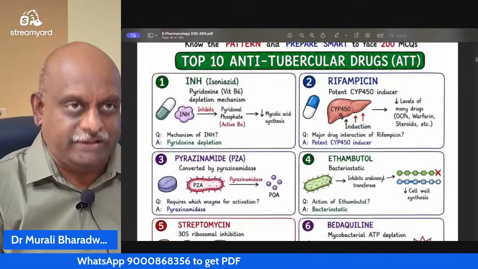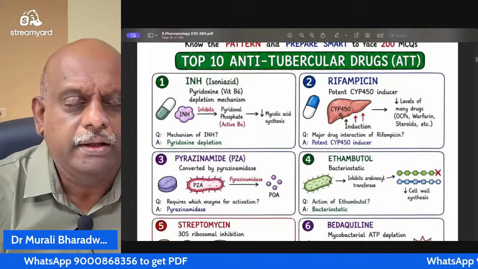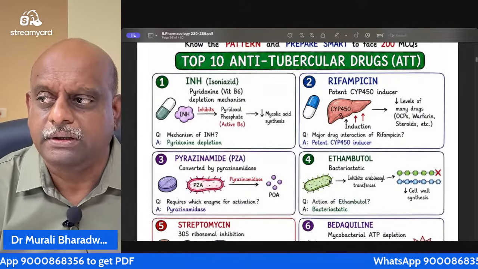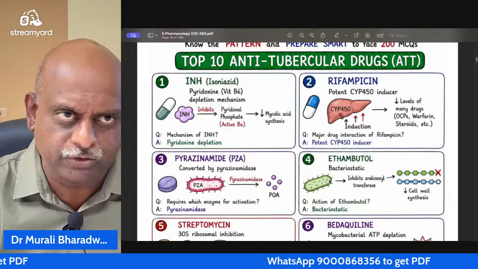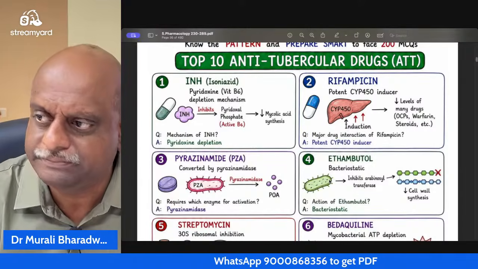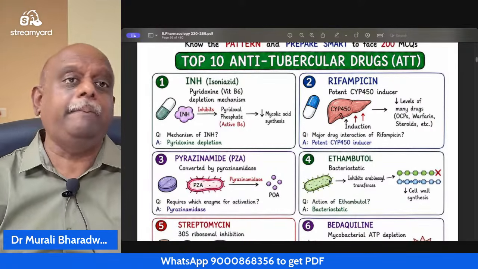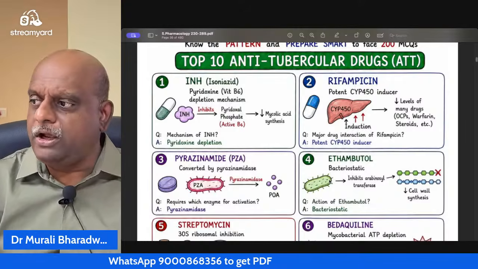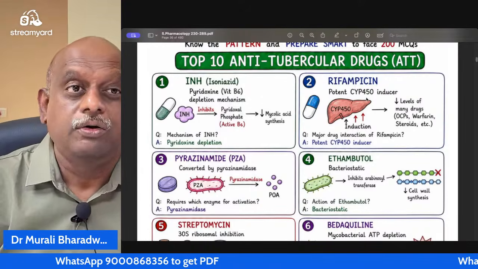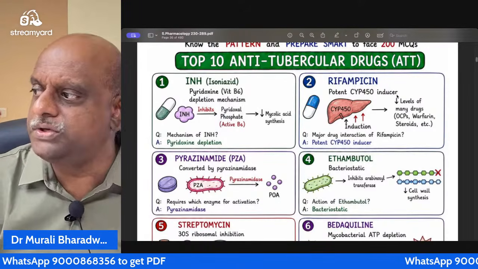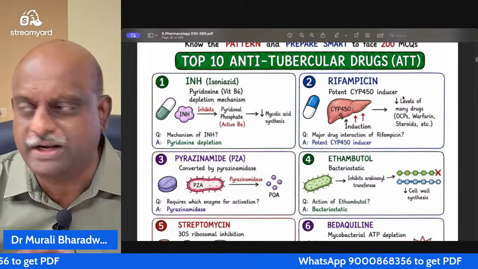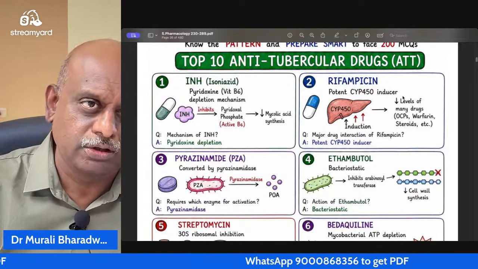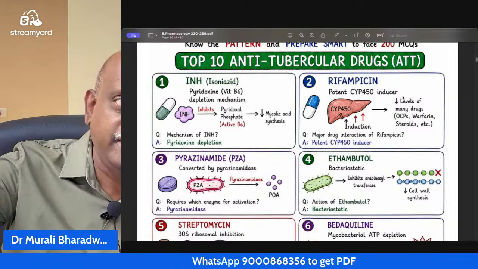Now coming to INH. INH typically depletes pyridoxine and leads to peripheral neuropathy, so we give pyridoxine. Then rifampicin needs to be remembered because it is a strong P450 inducer. So OCPs, warfarin, steroids, etc., their drug levels will diminish.